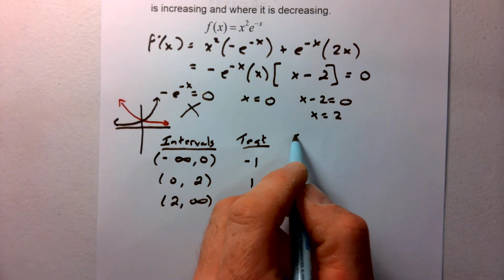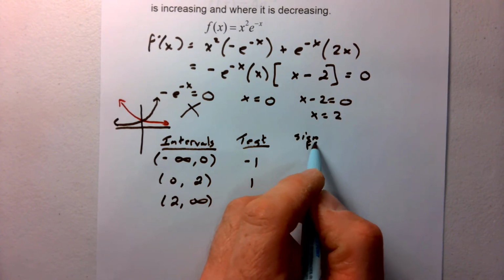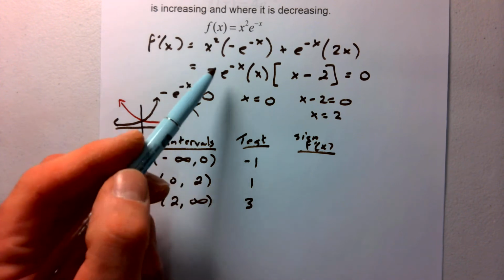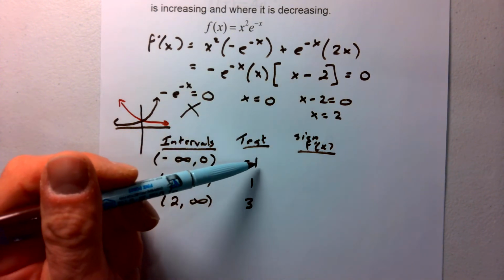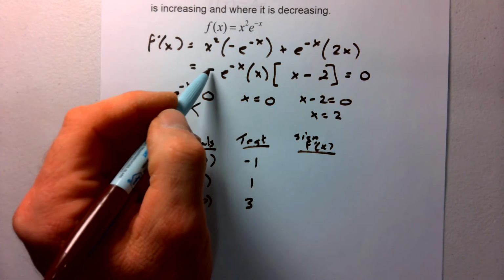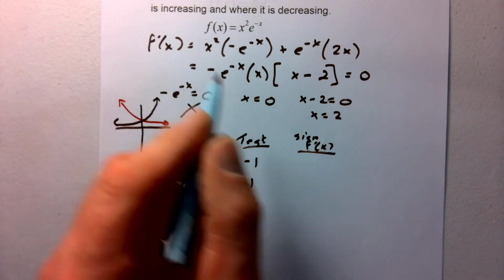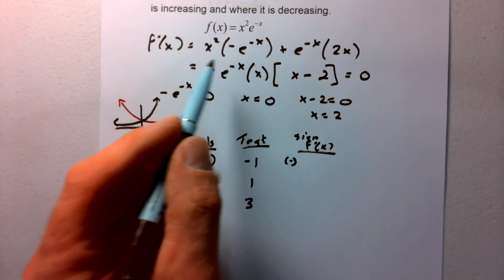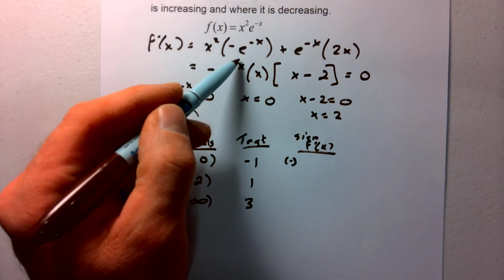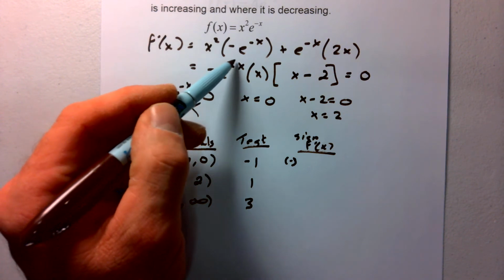And I'm going to look for the sign of f prime of x. So again, here's my f prime in this part here. I'm going to plug in my negative 1. We already have a negative out here, so we can put that negative there. E to an exponent will always be positive. We'll never be able to make that negative.